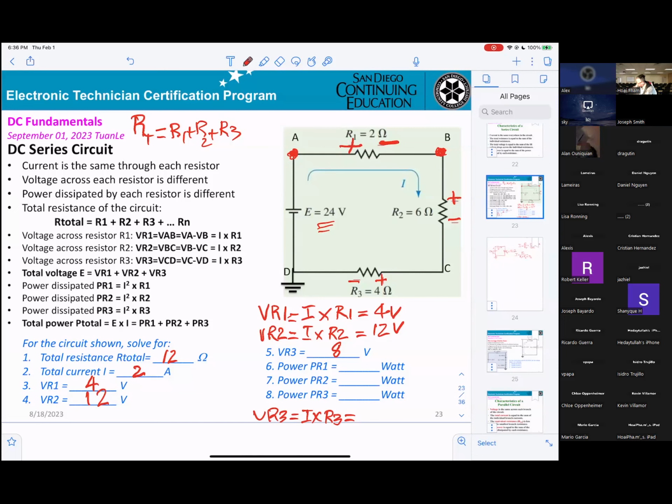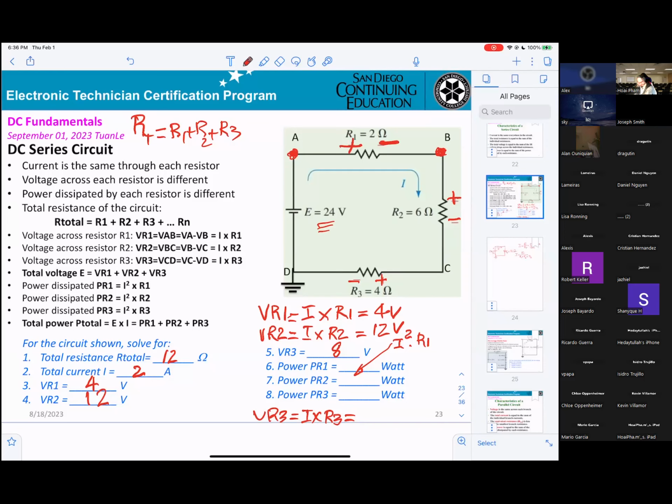And now, if you want to calculate the PR1, then you can get the formula. I not calculate it, I give you the formula. I square times R1. PR2 will be I square times R2, I square times R3. Okay? So that will be calculating the power: PR1, PR2, PR3.